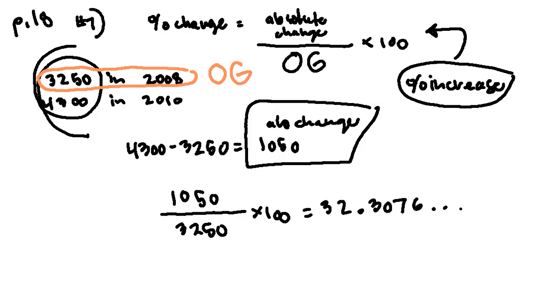This book is not linked to MyAppoMath and doesn't talk a lot about how to round, but if I go to 2 decimal places, I look at that 7 to decide what to do, and it bumps the 0 up to a 1. So 32.31% is the percent increase.